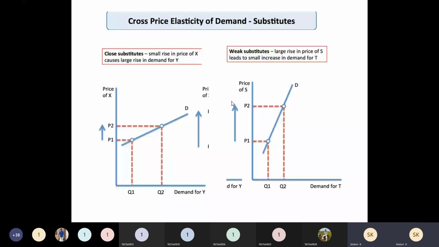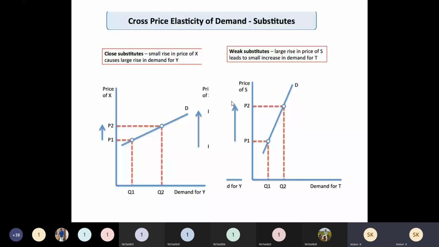So coming to the negative cross elasticity of demand. Here this will be in case of complementary products. Complementary means, as we have discussed, that both the products will be used together. So if one product is not there, the other cannot be used. As we have discussed, car and petrol. So without petrol, the car cannot be utilized.